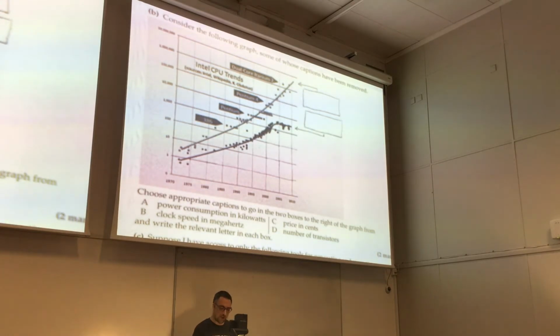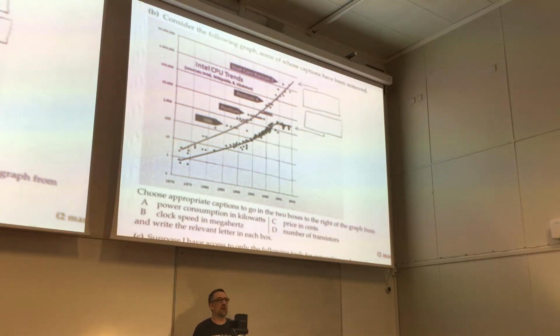So better not be that. How about price in cents? Are we at 1 million cents for a processor, $10,000?